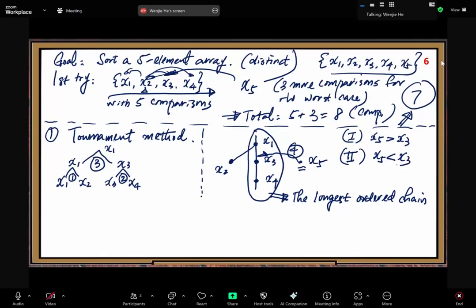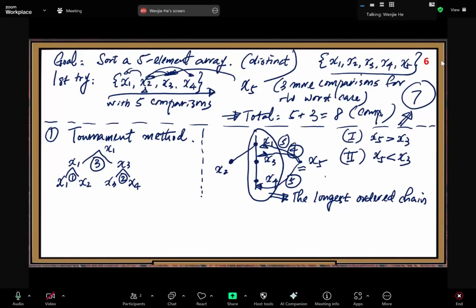For each of the 2 cases, you need another comparison, number 5, to get x5 inserted into the longest ordered chain. So this is our second round.